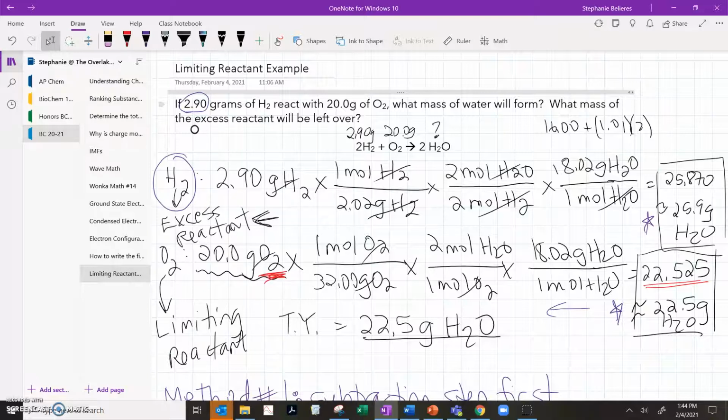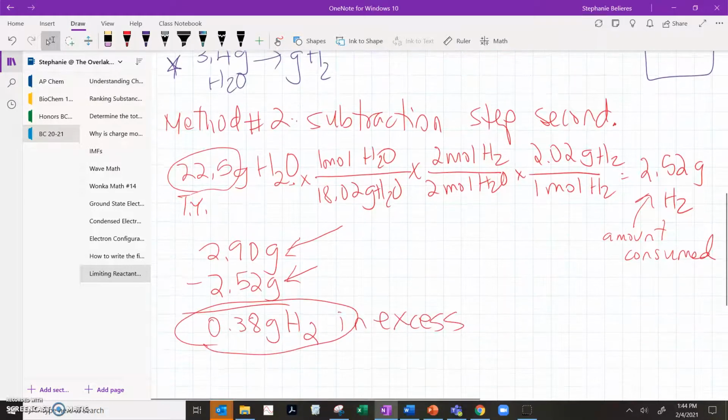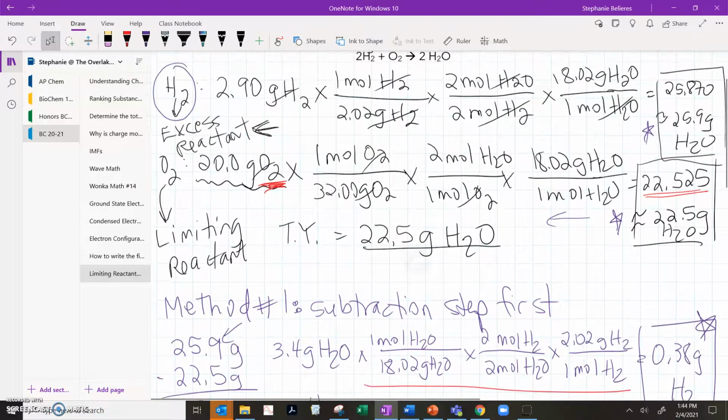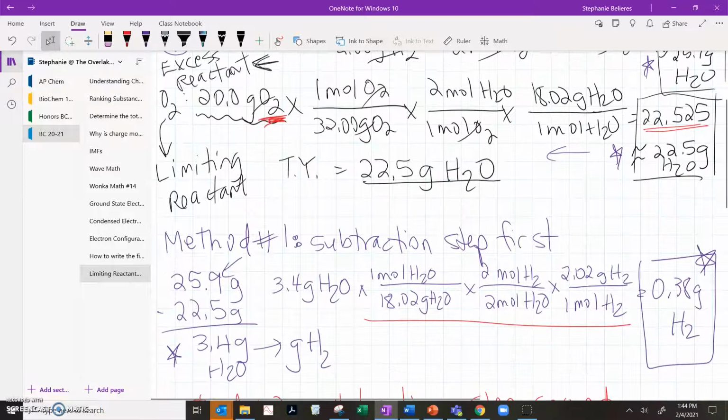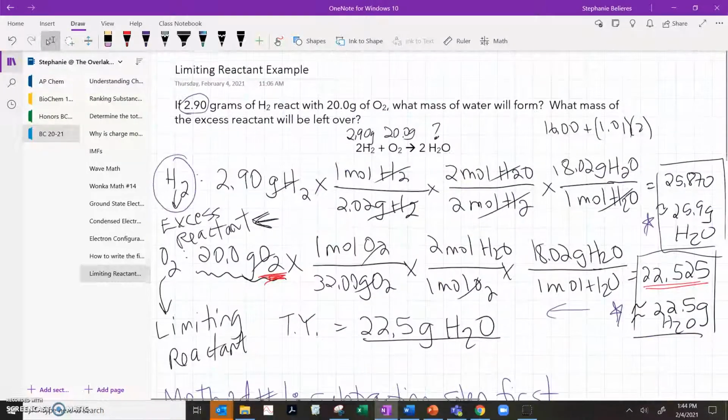And when they react together, all of those 20 grams of oxygen have been converted to water, and then I'm left with, in the reaction flask, water and the leftover hydrogen in the amount of 0.38 grams. And then I've made 22.5 grams of water, and that's what's left in my reaction vessel. Okay? And there you have it, limiting reactant problems.